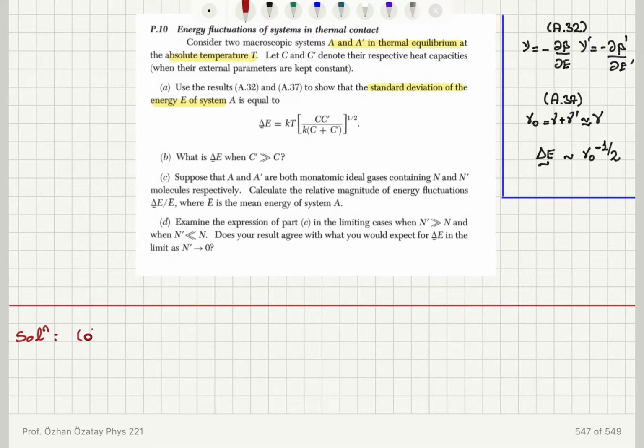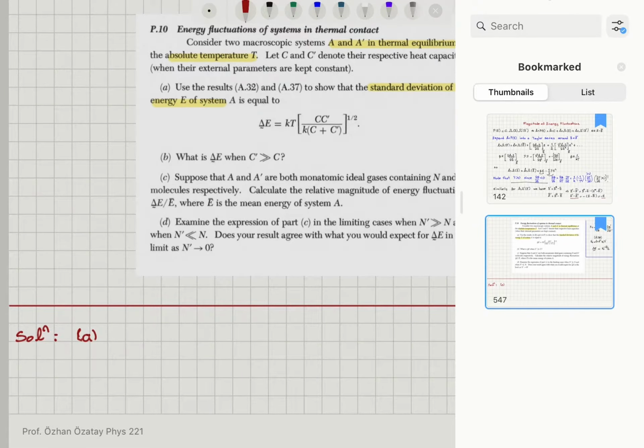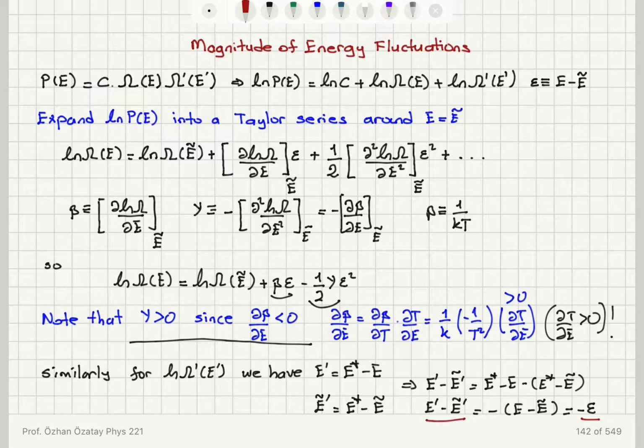Okay, so first of all, I would like to remember when we encountered these results A32 and A37. This was derived in the video on magnitude of energy fluctuations, where we had two macroscopic systems A and A prime in thermal contact, and we were looking for the most probable energy value.